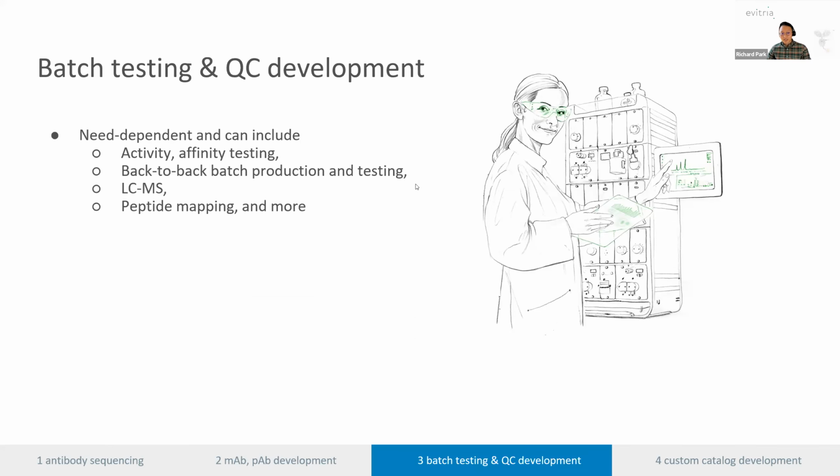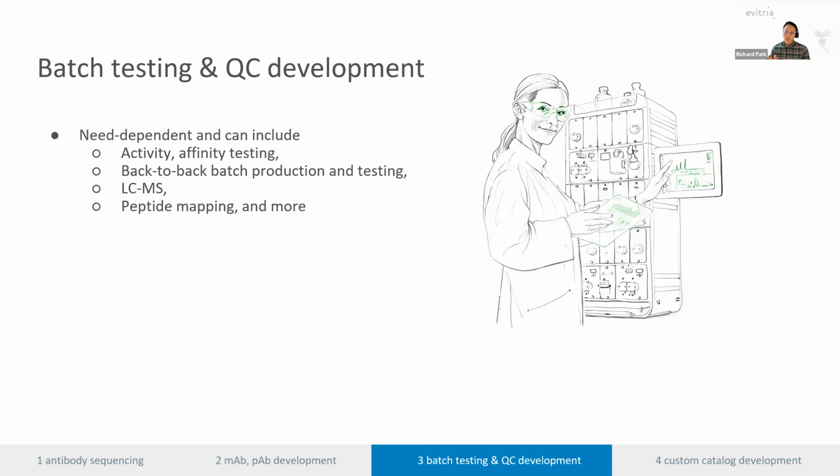So that leads into the batch testing and further QC development. So let's say you're working with the FDA or you're working with another regulatory body that's saying, hey, I need to see a little bit more documentation around the fact that batch 1 produced year 1 will be the same as batch 500 produced 5 years from now.